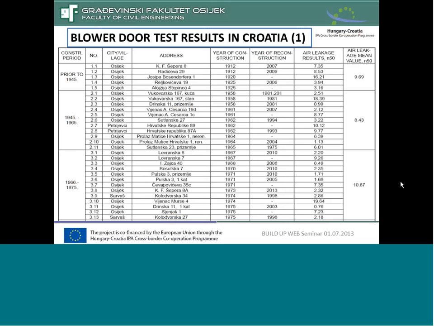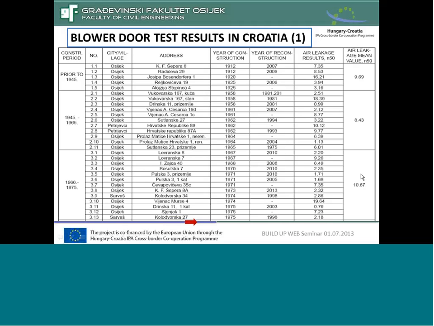Here are all the results of tests in Croatia, 58 altogether. It shows a sequence of construction time, and most of these old houses were already refurbished, and the air leakage results at N50 and the average values at N50.